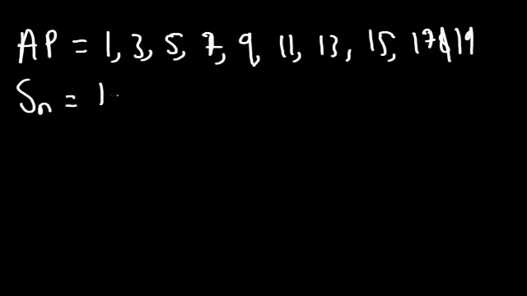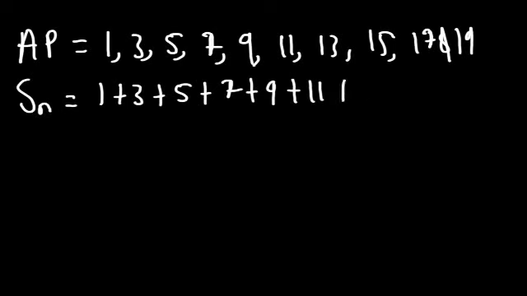That's 1 plus 3 plus 5 plus 7 plus 9 plus 11 plus 13 plus 15 plus 17, and lastly plus 19. Perfect. Now let me use my calculator to confirm this.